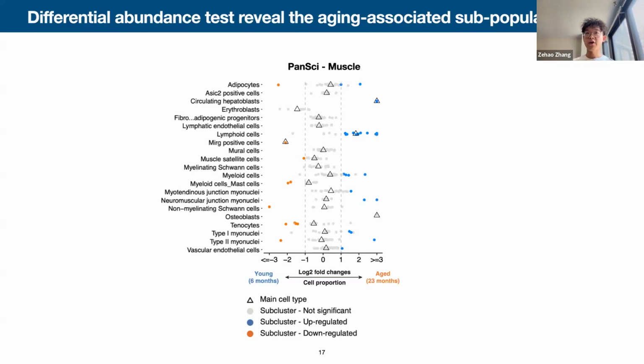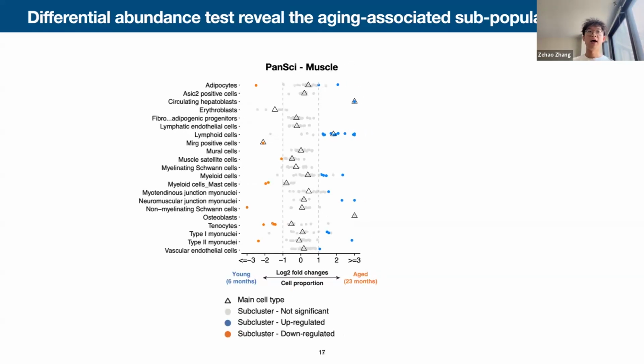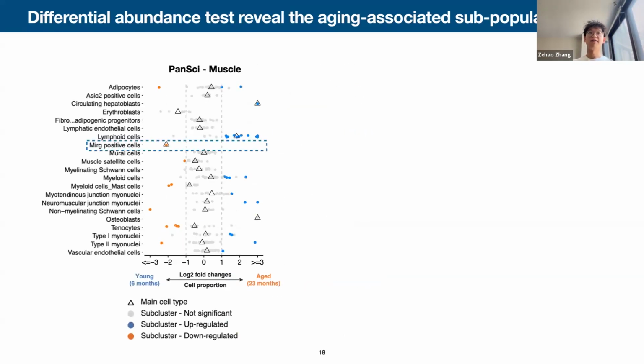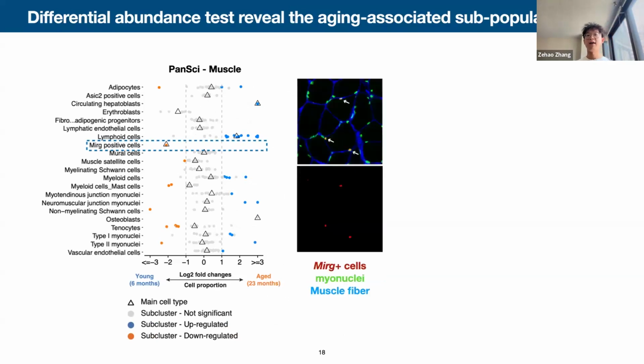Here I'm showing you one example about these Merck positive cells, which are very rare in the muscle and are not identified as a population change at the main cell type level. Previously people have already identified these myonuclei subtypes in the muscle, but people really did not go further to check their function or how aging affects these populations.